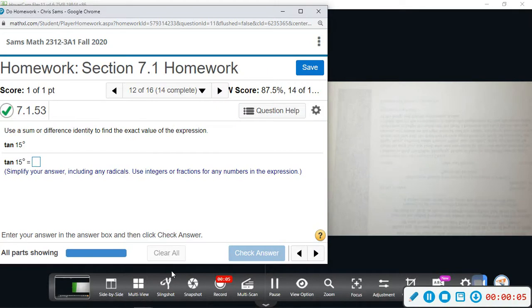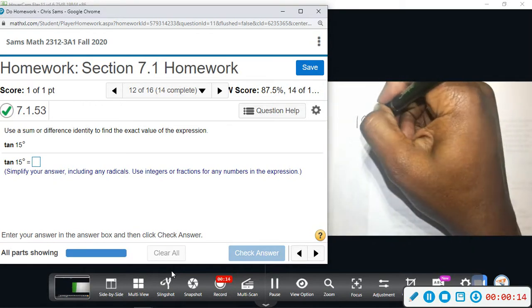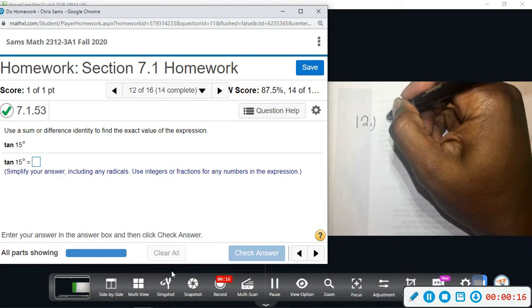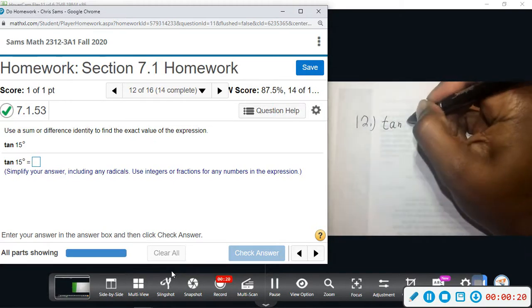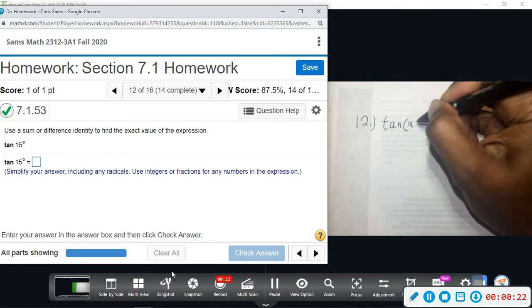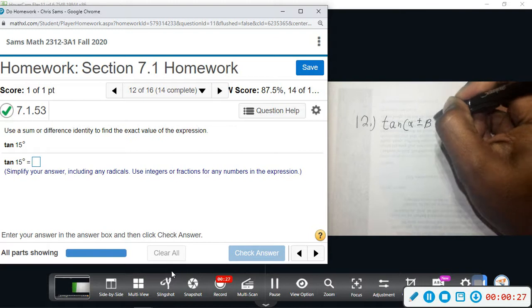Alright, number 12, we want to use the sum or difference formula to find the exact value for the expression. We are starting with tangent. The tangent sum and difference formula is: tangent of alpha plus or minus beta. So you have your two angles.